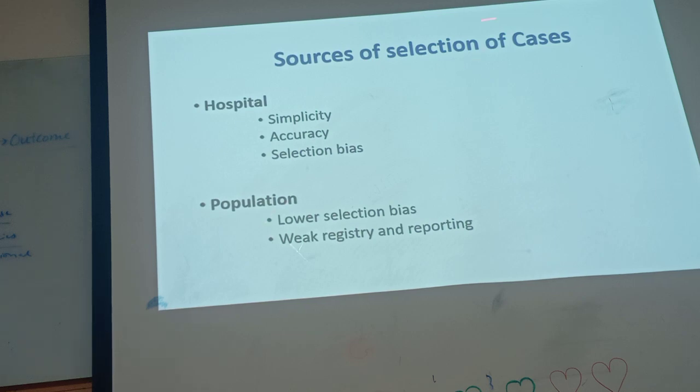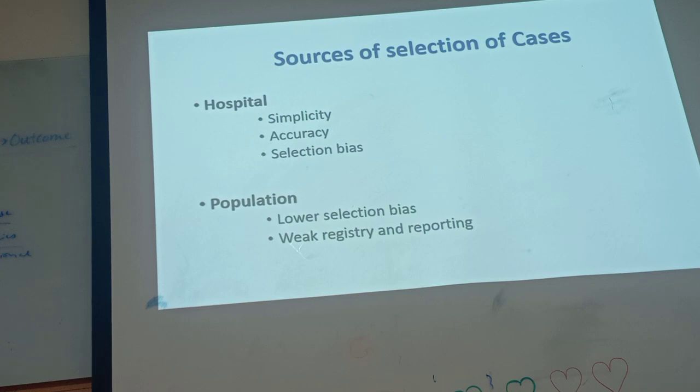Another source for selection of cases is the population. How can the population be a source? The population can be a source if there is any registry, any population-based registry. For example, the Health Department in Kish Island may register all cases of breast cancer, even those who have left Kish Island for their treatments may come back and be registered in our registry.